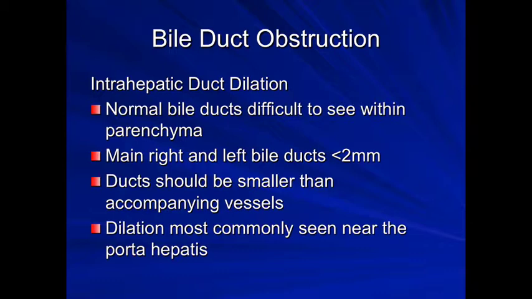You can also put colour imaging on to distinguish which one is the vessel and which one is the bile duct. The ducts also tend to have a more brighter and echogenic edge to them, but until you get used to the appearance, often putting the colour flow on is the best way to tell. In general, dilation is more commonly seen nearer the porta hepatis.